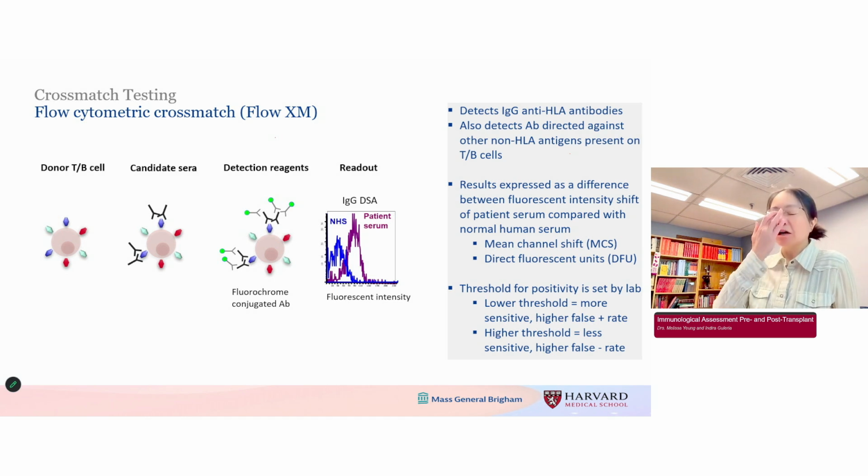Labs will report that out either as a mean channel shift or as differences in direct fluorescent units. The threshold for positivity is then set by the lab. Obviously, the lower the threshold, the more sensitive, but the higher the false positive rate. And the higher the threshold, the less sensitive, with a higher false negative rate.